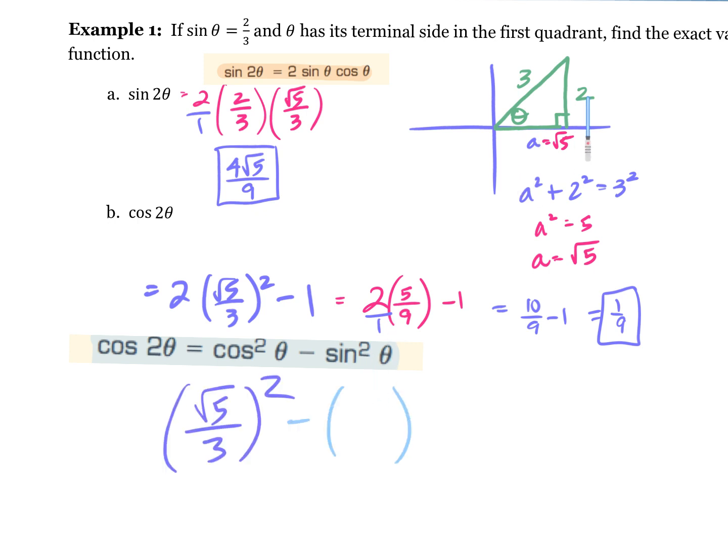Sine is opposite over hypotenuse, 2/3 squared. What's root 5 times root 5? 5 over 3 squared, that's good. 5/9 minus, what's 2 squared? 3 squared? 5/9 minus 4/9 is 1/9. So we get the same answer, it doesn't matter which one we use. Maybe I lost people on my 10/9 minus 9/9, but we get the same answer.